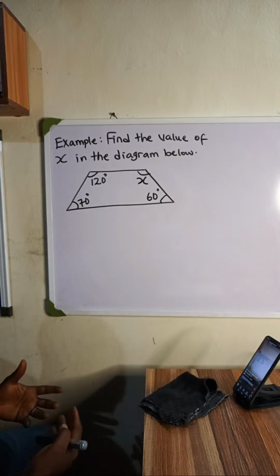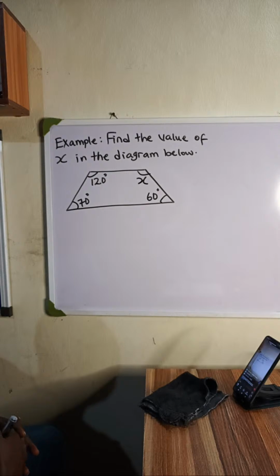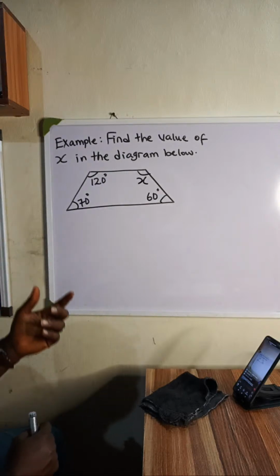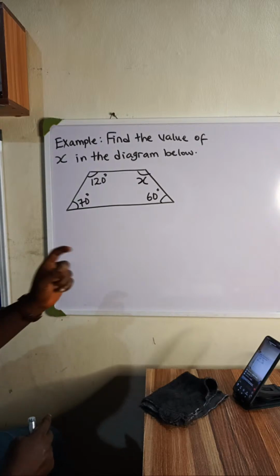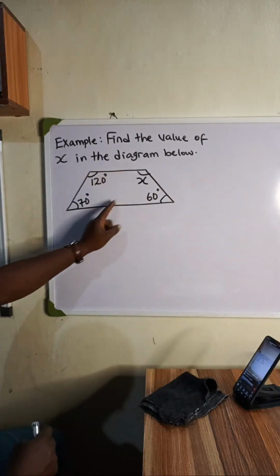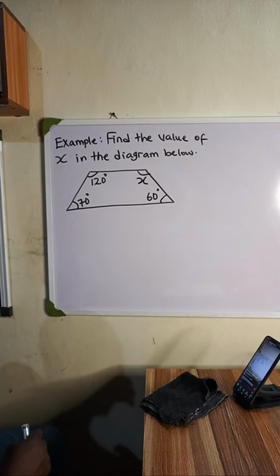So if you're given a question like this and you're told to find the value of x, first of all, you ask yourself, what type of polygon is this? This polygon is a quadrilateral because it has 4 sides and 4 angles.